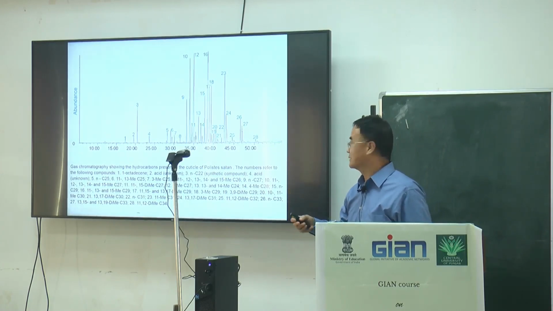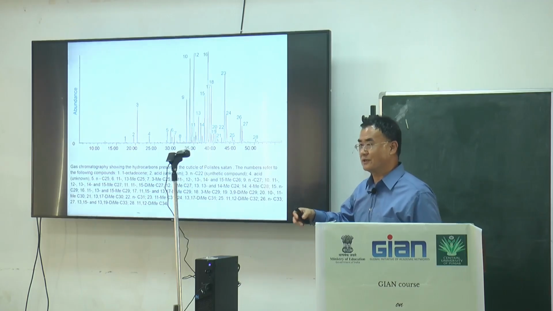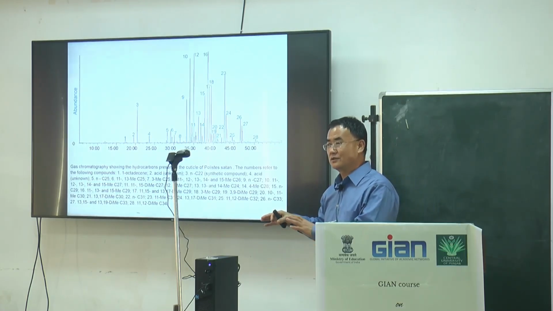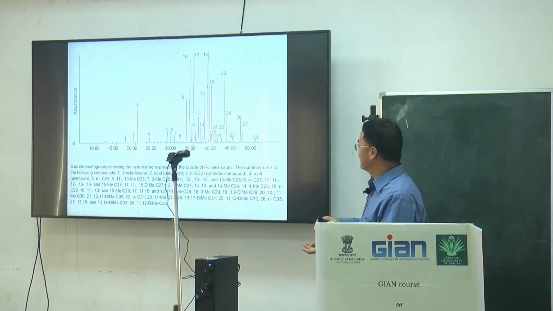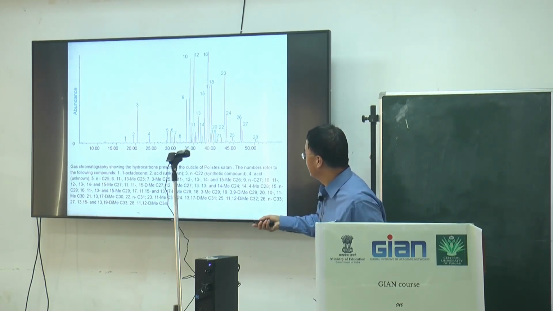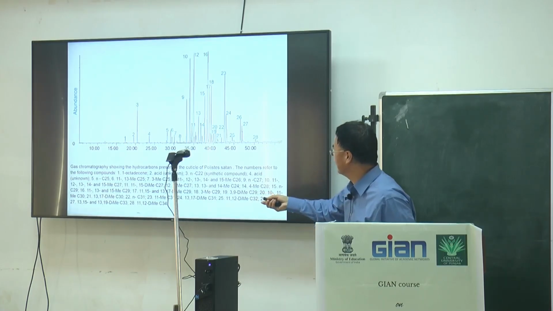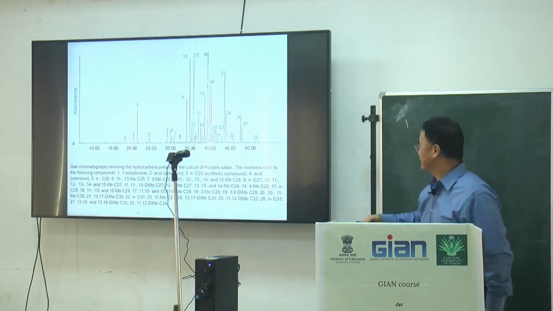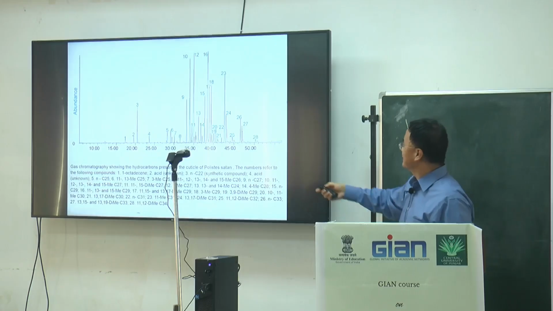I think you only use methanol plus sodium hydroxide to methylate the sample, then you can find those different chemicals, different hydrocarbons, carbon 15, carbon 14, up to carbon 34, from lower to higher.